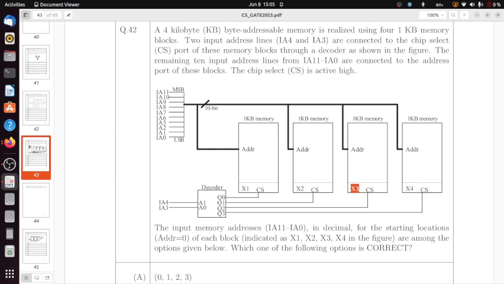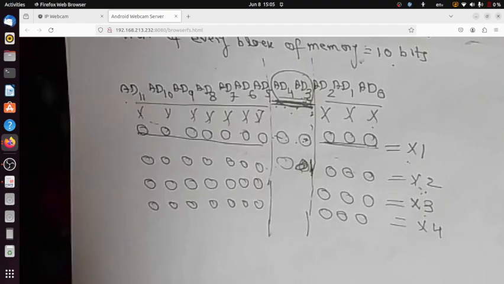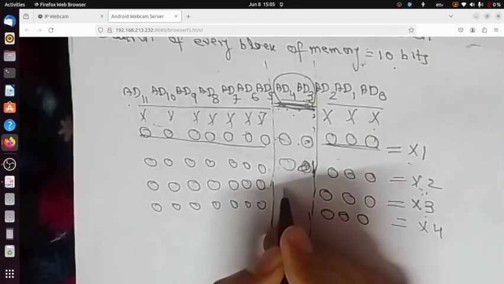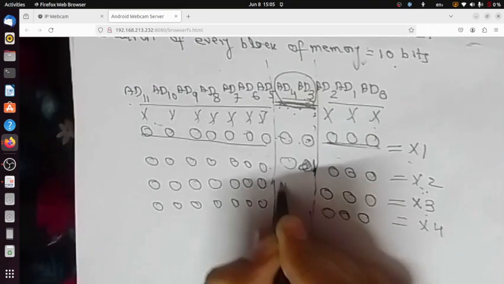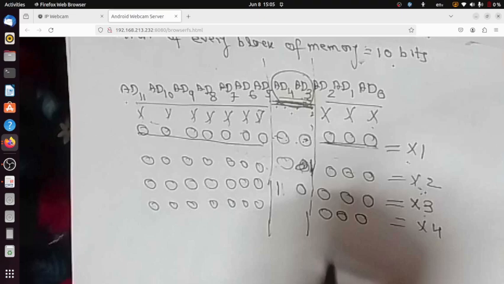So for X3, 3 will be 0 and 4 will be 1. So we write this: for starting location X3, the bit position will be 1 0 for address input lines 4 and 3.